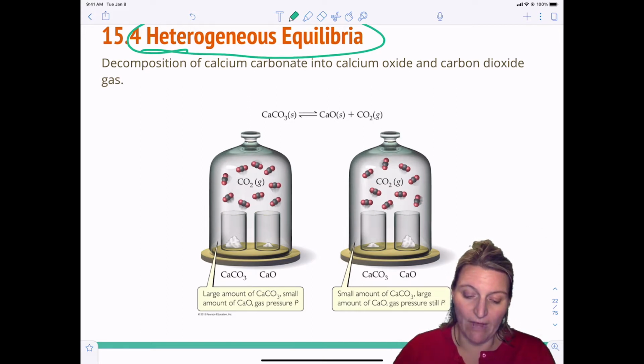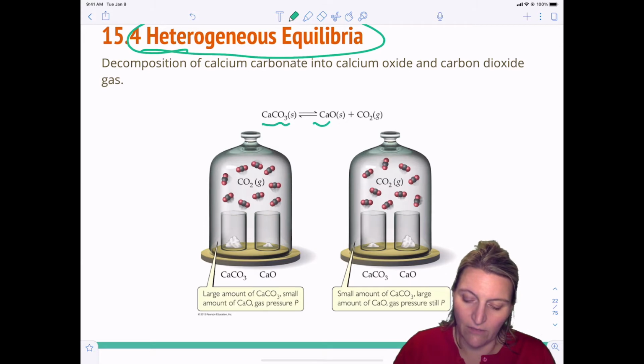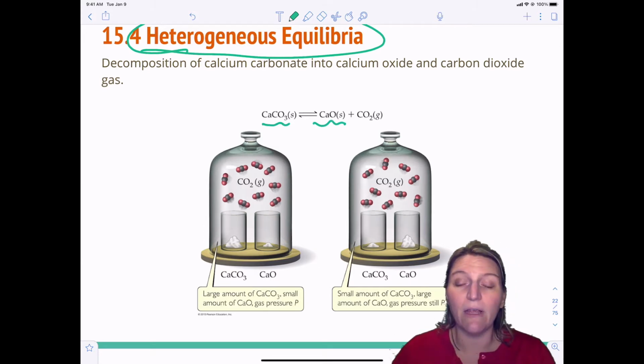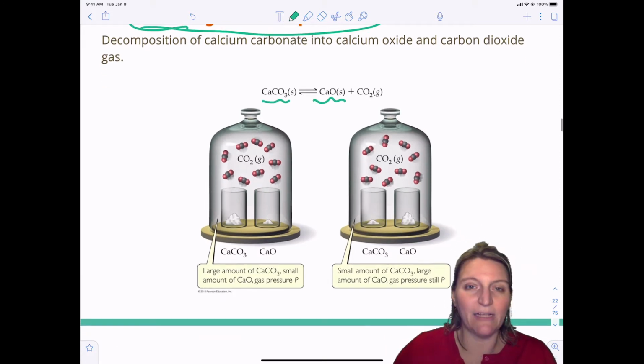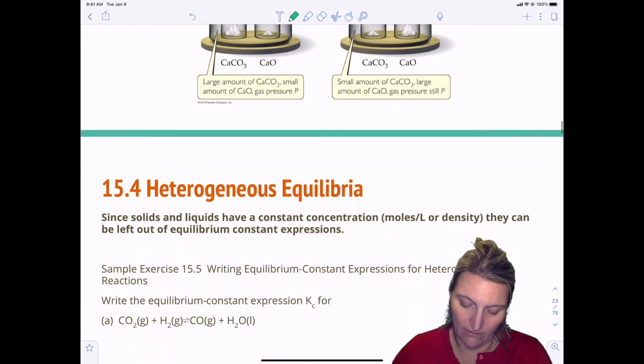If you look at this reaction here, this is the decomposition of calcium carbonate into calcium oxide and carbon dioxide. And you notice that two of these are solids. We get to leave them out of the equilibrium expression. And that's basically because they're not going to change in their concentration.